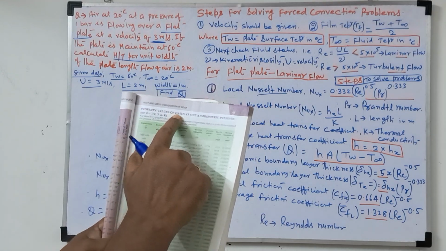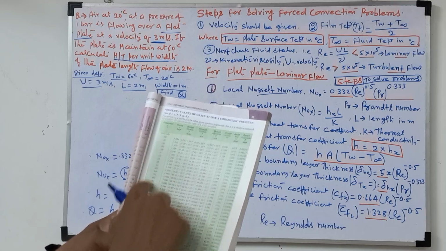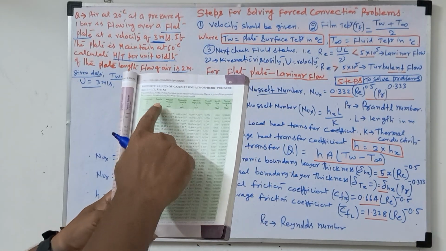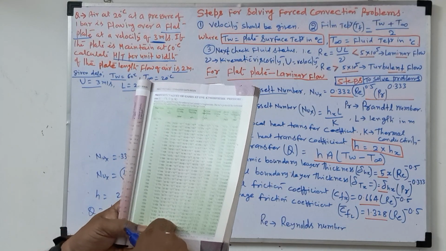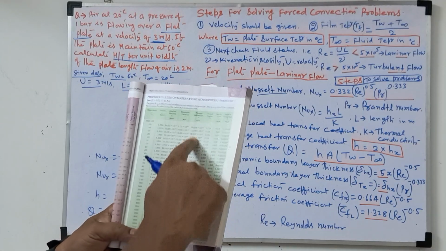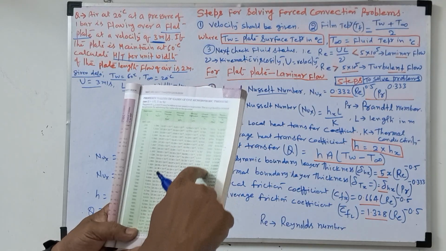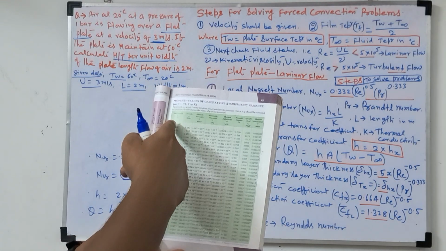The table gives property values of gases at 1 atmospheric pressure. See, this temperature they have given is known as the film temperature. If density is required we will take it, then kinematic viscosity, thermal diffusivity, Prandtl number, specific heat, thermal conductivity, all with the film temperature.